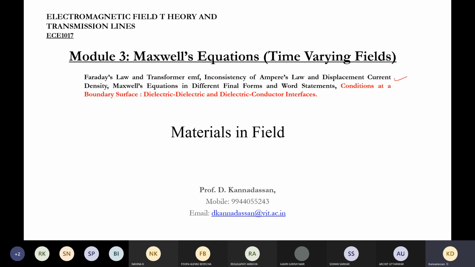Now we are going towards how the time varying fields or the electrostatic fields, whatever the fields, behave in a conductor or dielectric material, or in general in a medium. That is what we are going to study, all within classical electrodynamics.